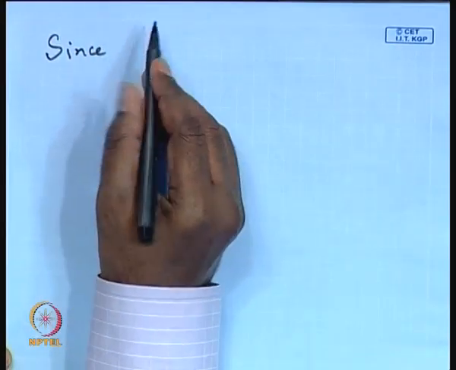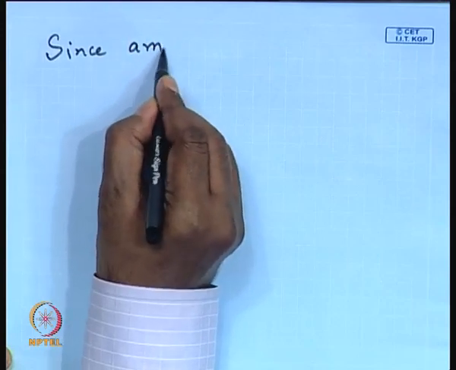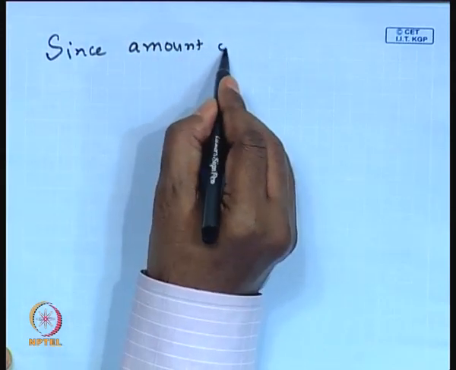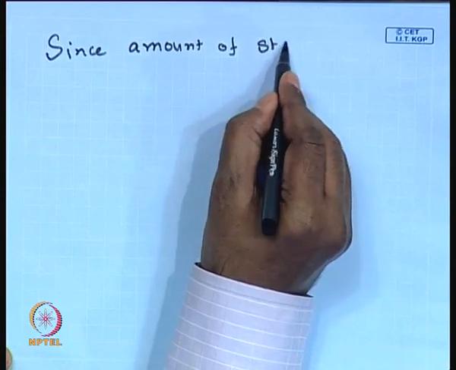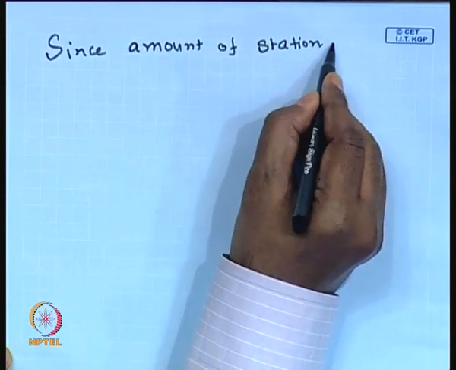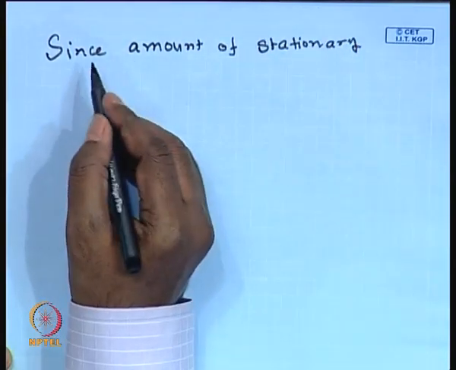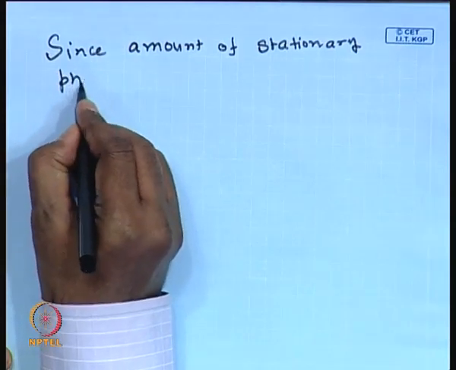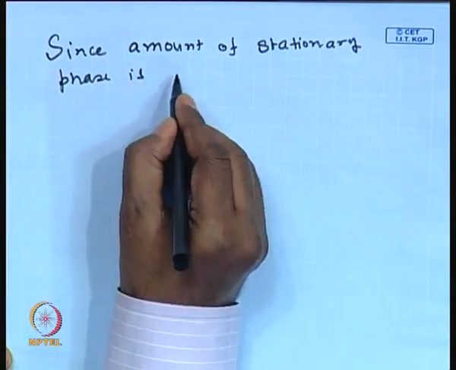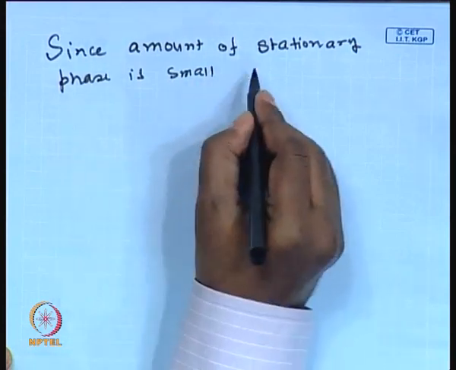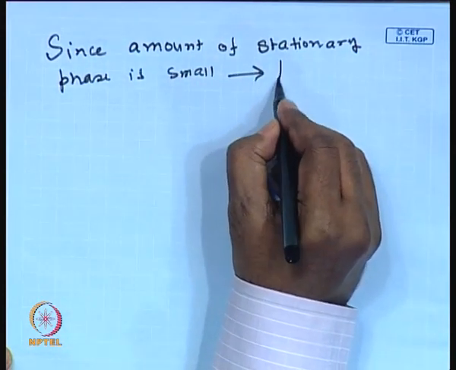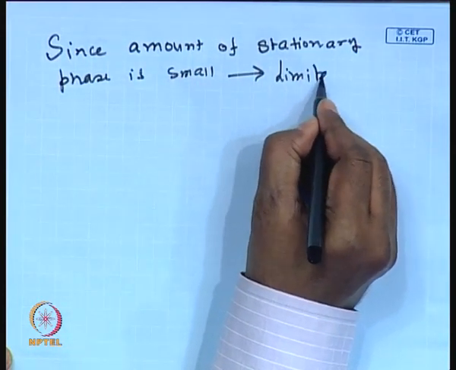So, the disadvantage is, since the amount of stationary phase is small, its capacity is limited. So, it has a limited capacity.